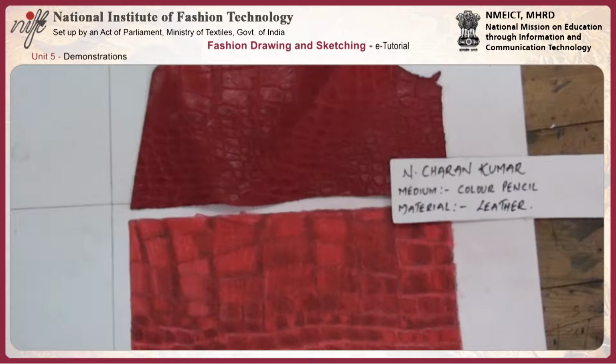So, the fashion illustrator must thoroughly observe these kinds of textures, the sizes of the shapes, how the colors are distributed on the surface of the leather, and such information.